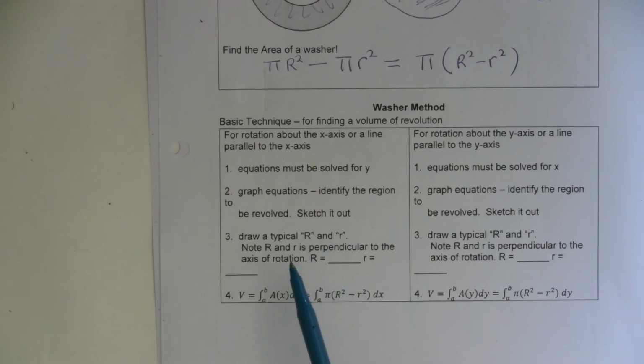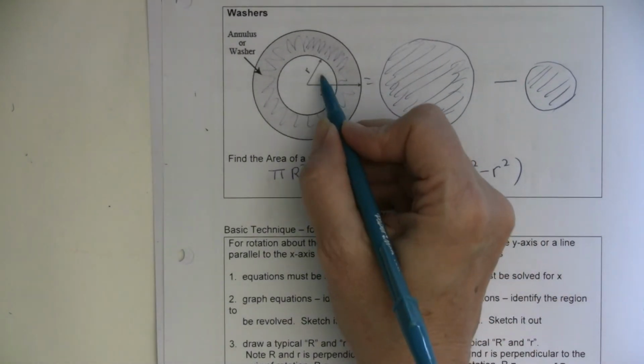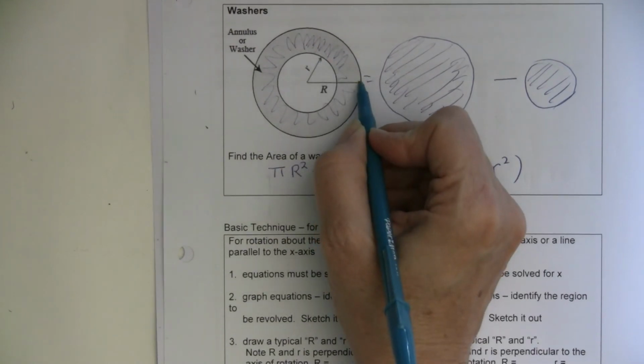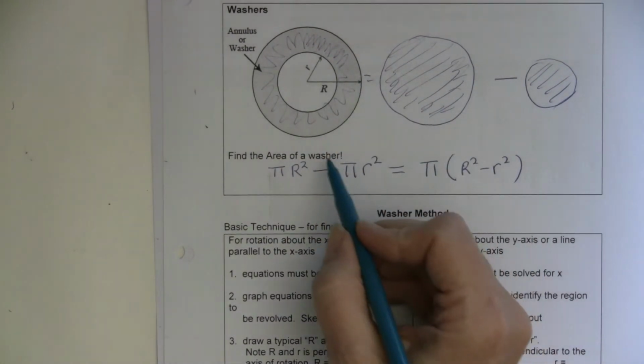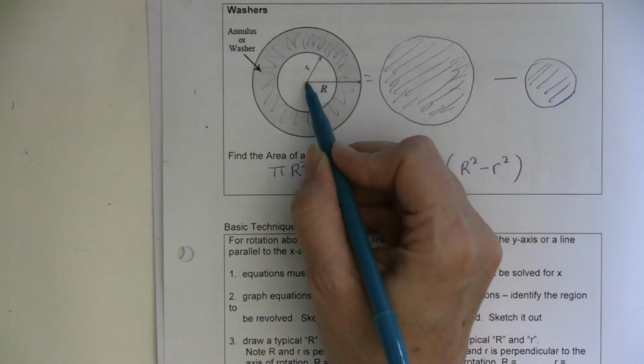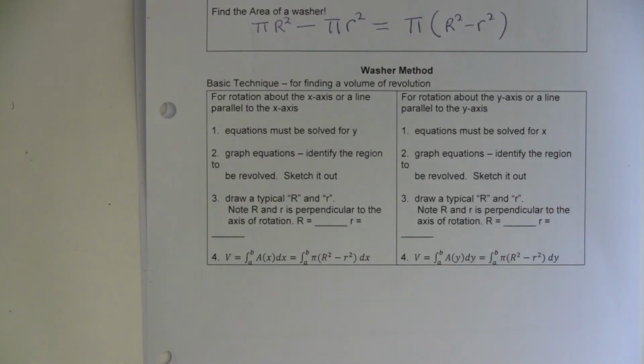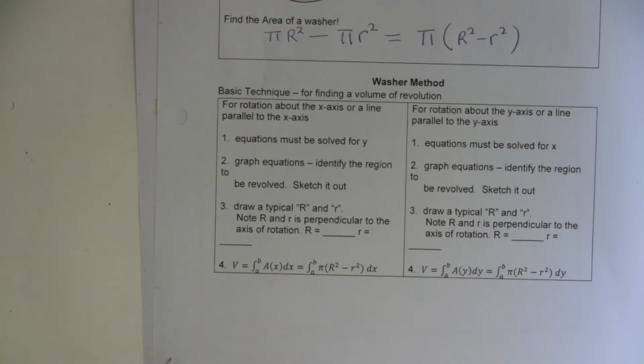Remember that the radius goes from the axis of rotation to the curve. And when you have a washer, there's going to be 2 curves, the inside curve and the second curve. And so this is going to be from the axis of rotation to my outside curve and to my inner curve. And so that's what my r's will be. My x and my y are the same distances that we already learned about.